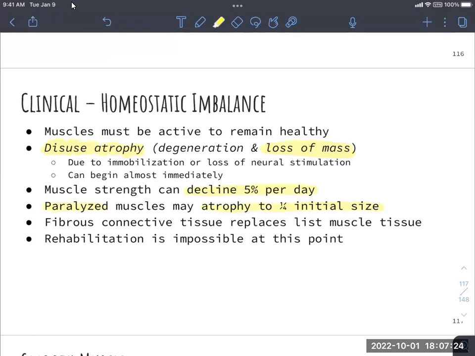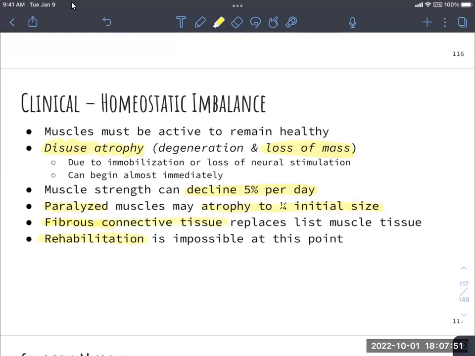And if you continue to not use your muscle, somebody who's bedridden, fibrous connective tissue starts to replace muscle tissue. And once this happens, we can't rehab that. That's done. That's beyond the point of repair.